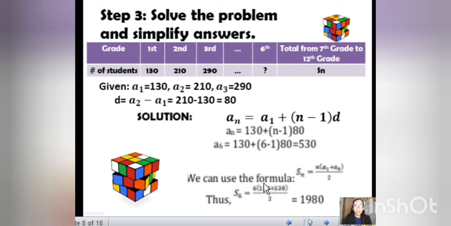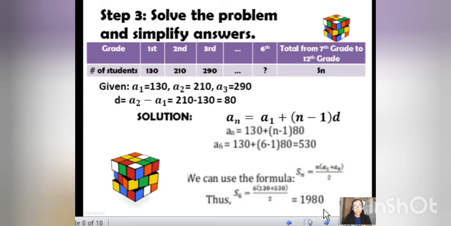So we can now use the formula S sub n is equal to n, the quantity a sub 1 plus a sub n, divided by 2. Thus, to find the total number of students from grade 7 to grade 12, we have to substitute: S sub 6 is equal to 6, the quantity 130 plus 530, divided by 2, which will give you 1,980.